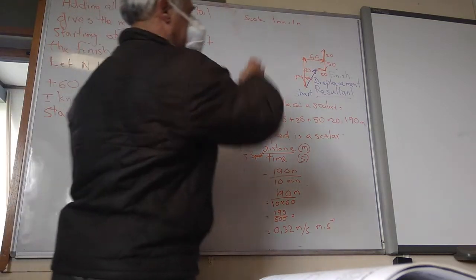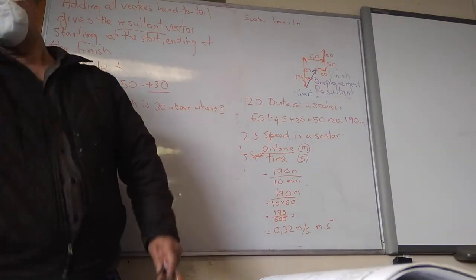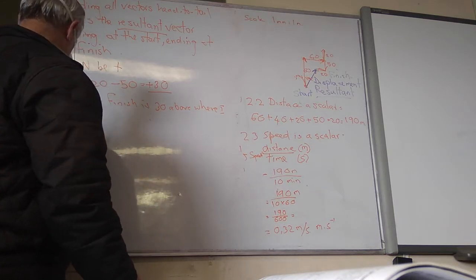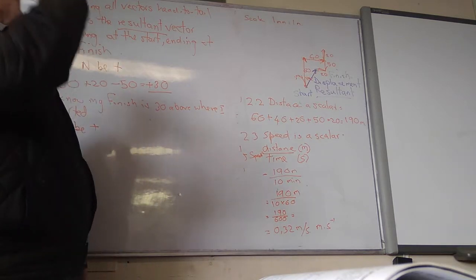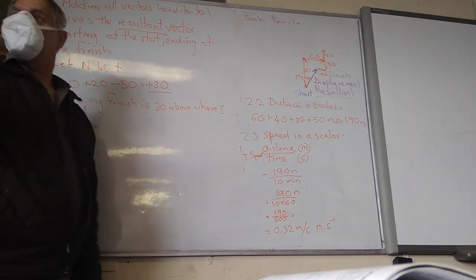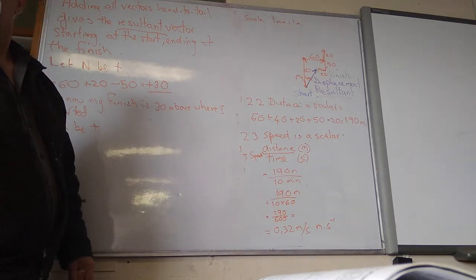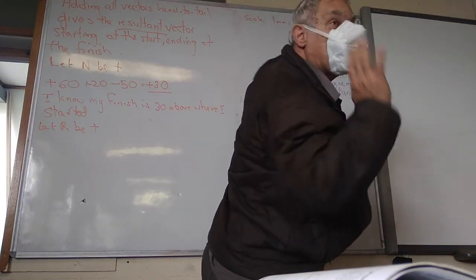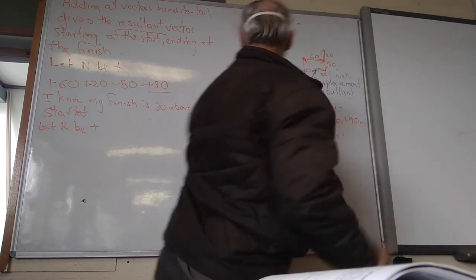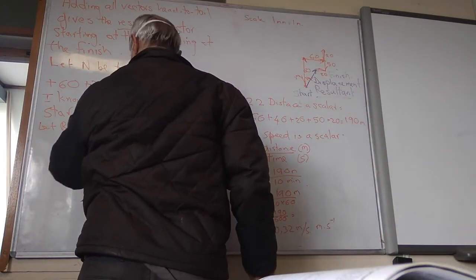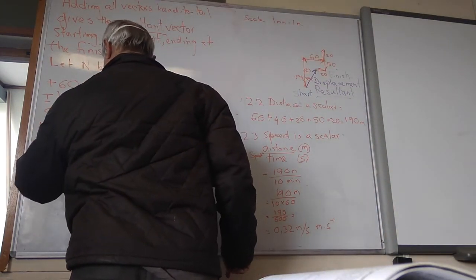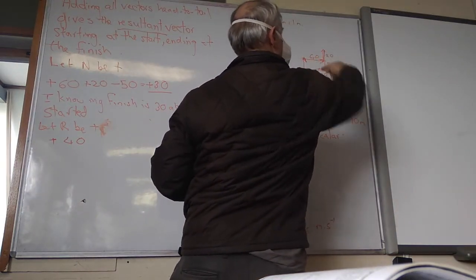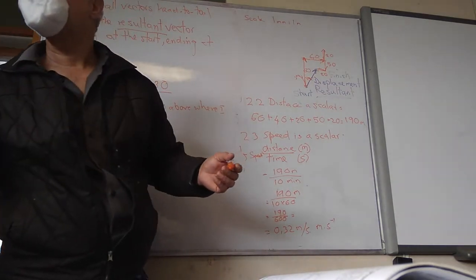Okay, who wants to do the same with the left and right? So let's call right positive. Plus 40. Ignore the up and down. Minus 20.